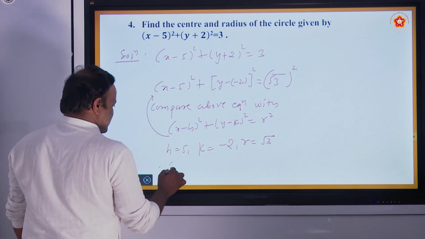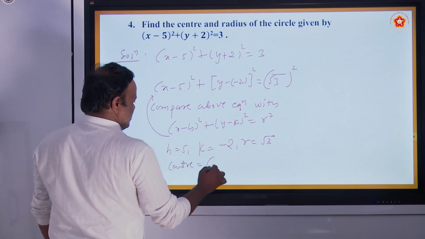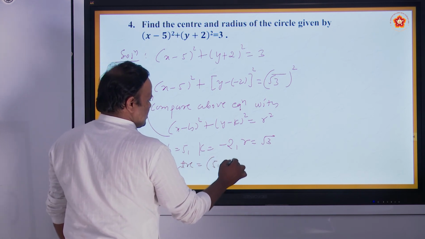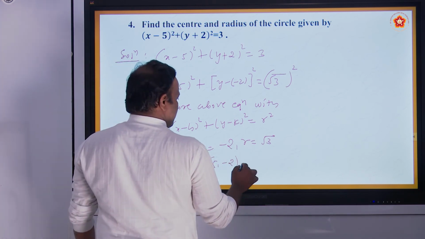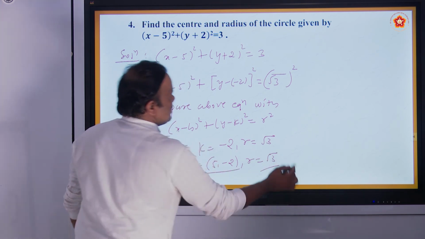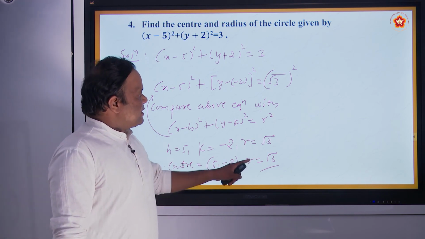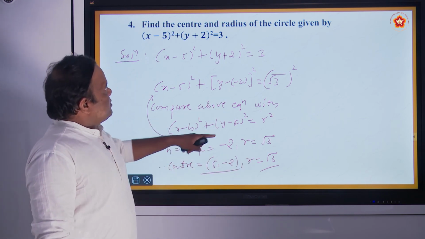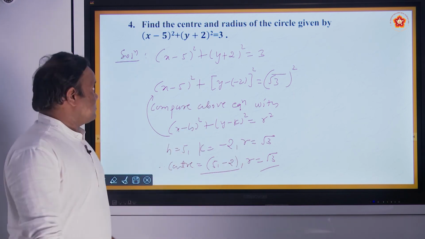Therefore what is the center? The center is h comma k, which is 5 comma minus 2, and the radius is root 3. These are the center and radius of the given circle.